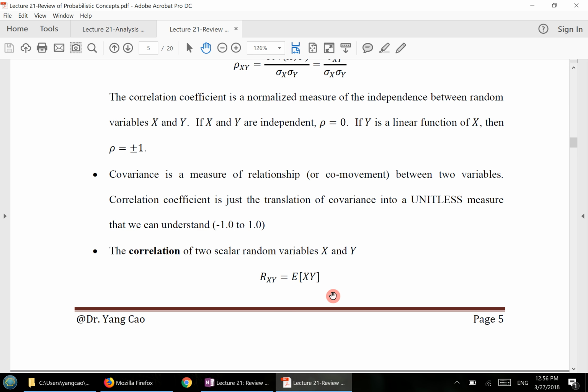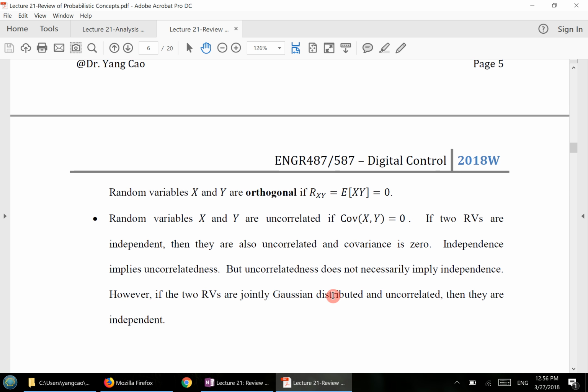So here I've listed a number of things. If they're independent, then the correlation actually will be 0. The random variables are uncorrelated if this value equals 0. And if the two random variables are independent, they are also uncorrelated, and the covariance is 0.